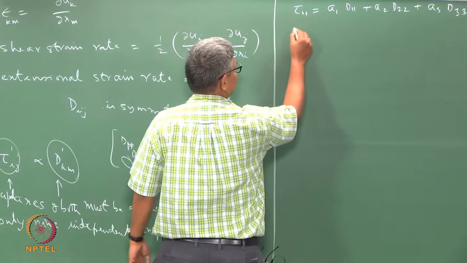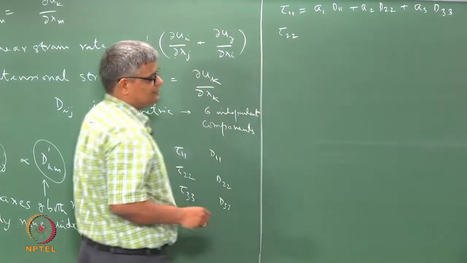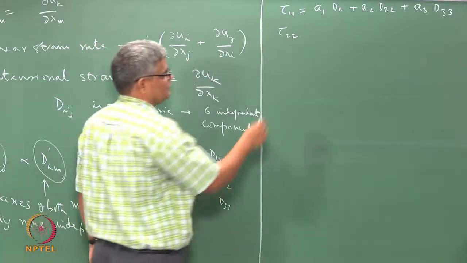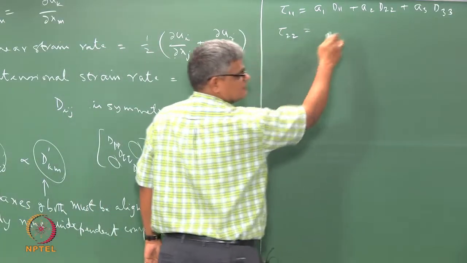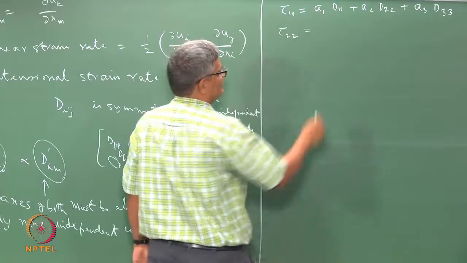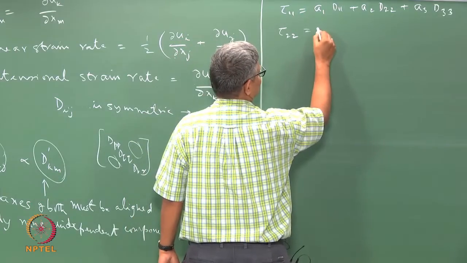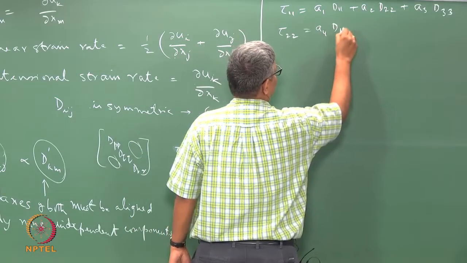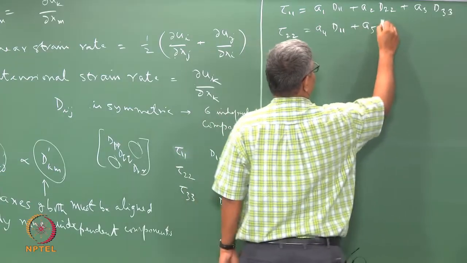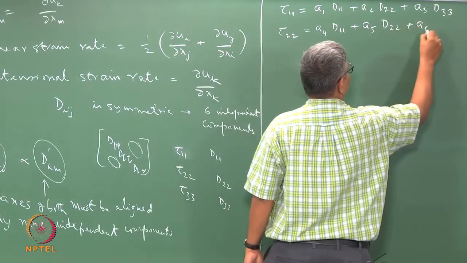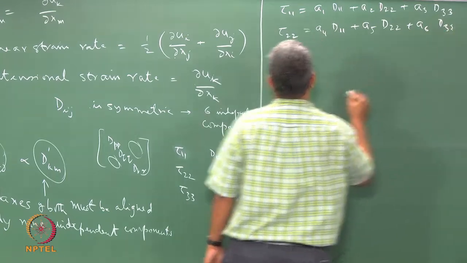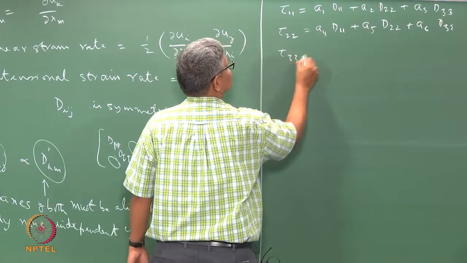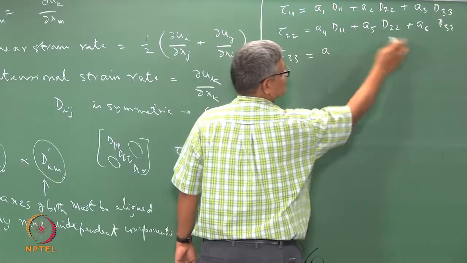Okay. Similarly, we can say that tau 22 is also related only to the same d1, d2, d3, but using a different set of constants. For example, a4 d11 plus a5 d22 plus a6 d33, and tau 33 is also written in terms of the same things.